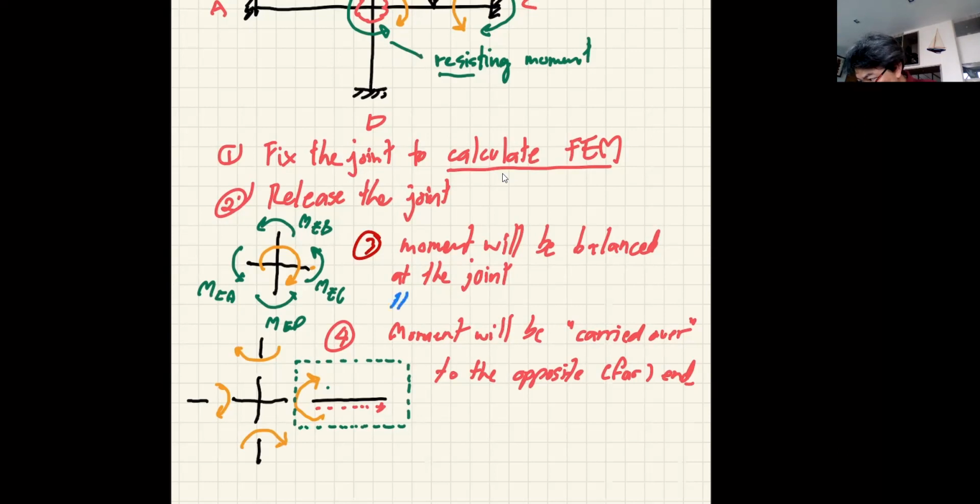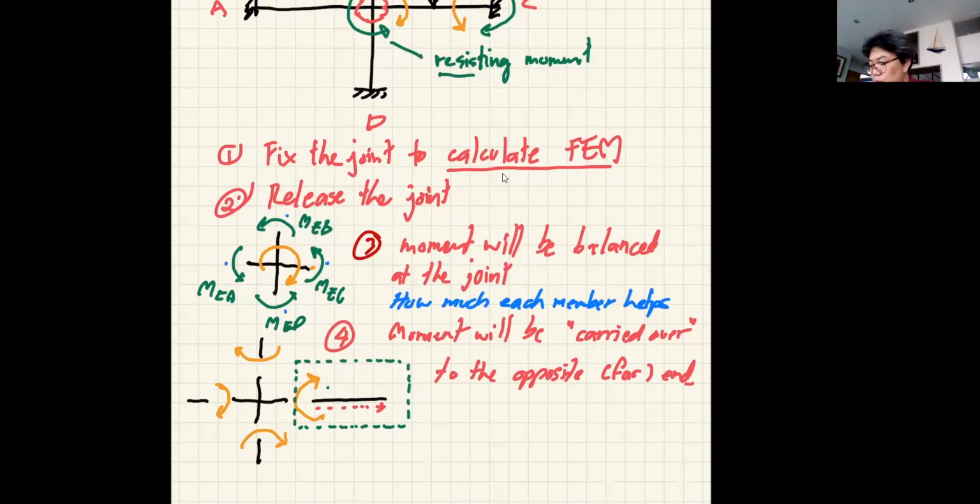How much does each member help? Because when you release the joint, the moment will come alive again and it needs to be balanced.